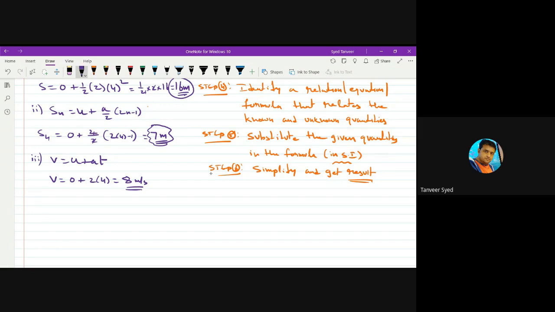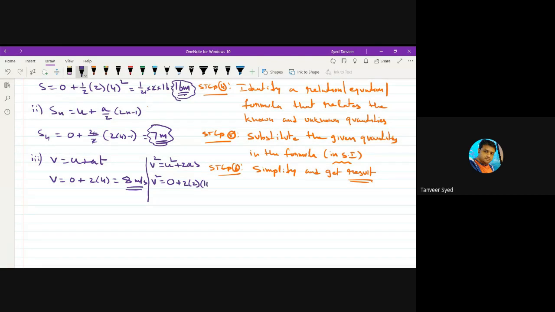Or you can do this same thing in another way also. I will use the second equation, v square equal to u square plus 2as. Here v square is equal to u is 0 plus 2 into acceleration 2 into displacement. We have got the displacement here, 16 meter.